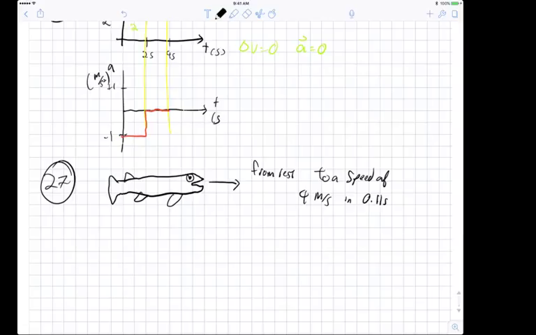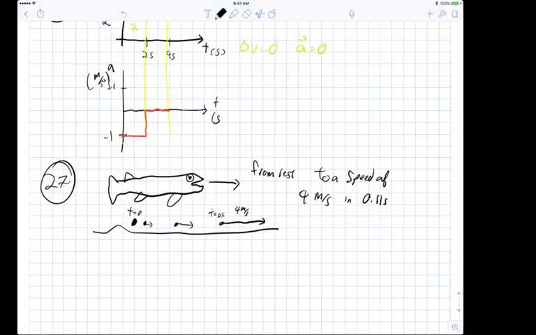Okay, so first you start at rest. t is equal to 0. And then you move forward a little bit, and then you move forward a little bit more, and then you go in super fast. So that's t is equal to 0.11. And the question is, what's the acceleration?